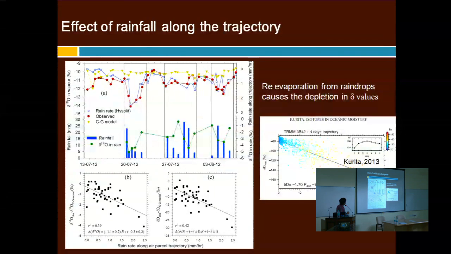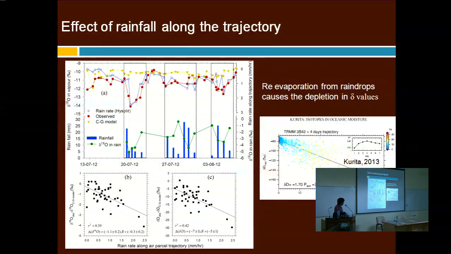Whenever there is a non-rainy day, this is almost close to the estimated isotopic composition, but during rainfall there are large dips. So this difference I have plotted with respect to the averaged rain rate along the back trajectory. There is a relation.